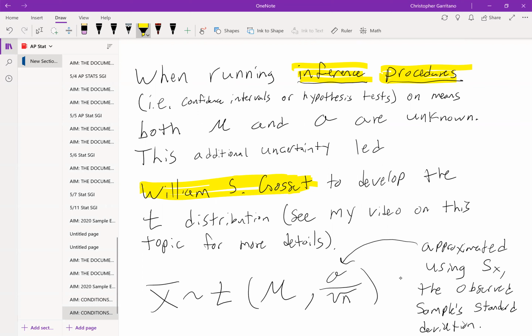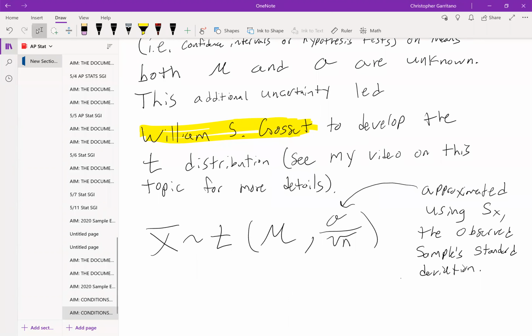And so anytime we're running an inference procedure and we have an unknown mean and an unknown standard deviation, we use the t-distribution to analyze this situation. And it turns out that the t-distribution is just like the normal model, it just has larger tails. Those larger tails are what we mean when we say that we are accounting for the uncertainty.